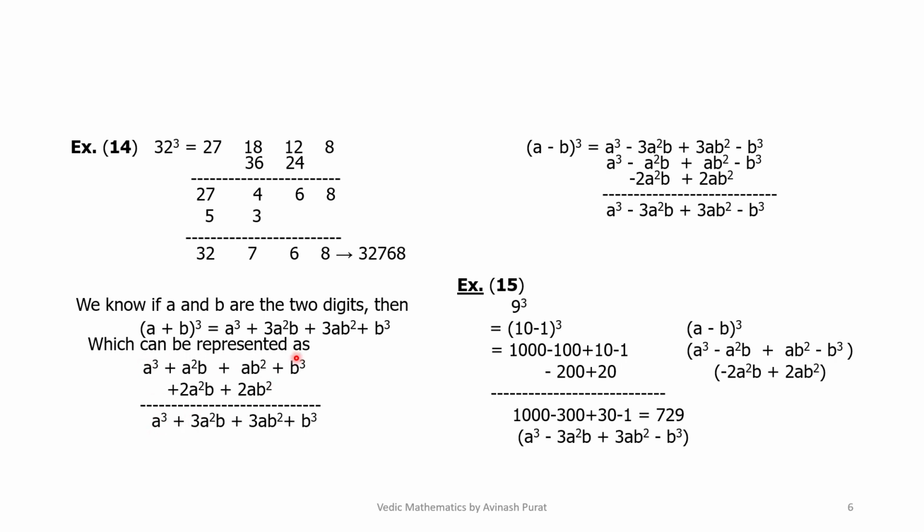That makes it equal to a cube plus 3a square b plus 3ab square plus b cube, exactly (a plus b) cube.